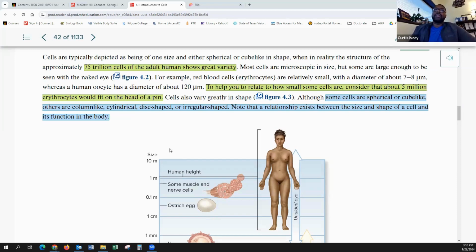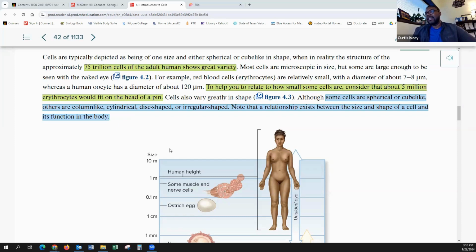Some cells have different shapes. Remember, structure determines function. So some can be cubed, columnar, cylindrical, disc-shaped, or irregular shaped. So understand that the way the cell is structured, or the shape of the cell, determines its function. Cells that are in our bones are not going to look like cells that are in our eyes.